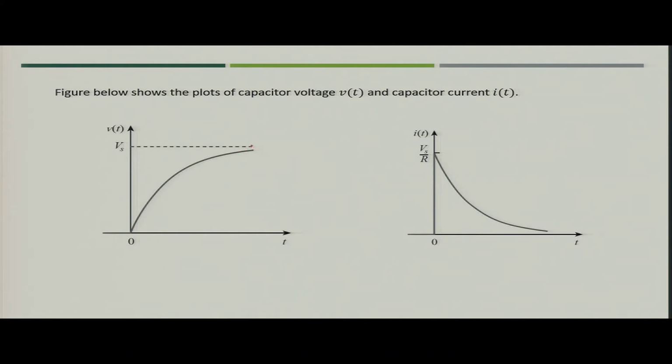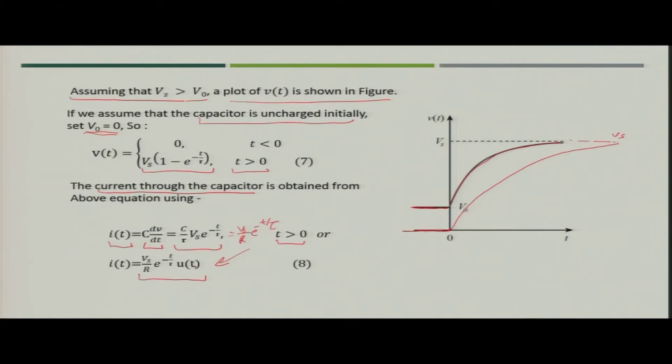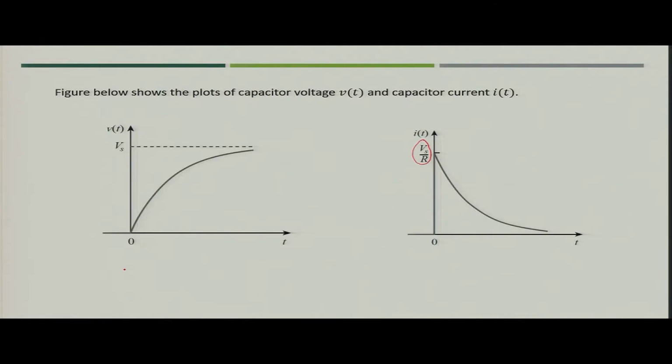It will settle down to the value Vs as time t tends to infinity, and the current will start from Vs by R. If you put time t equal to 0 here, you will get i at t equal to 0, that is I naught, which is nothing but Vs by R, and then it decays exponentially.